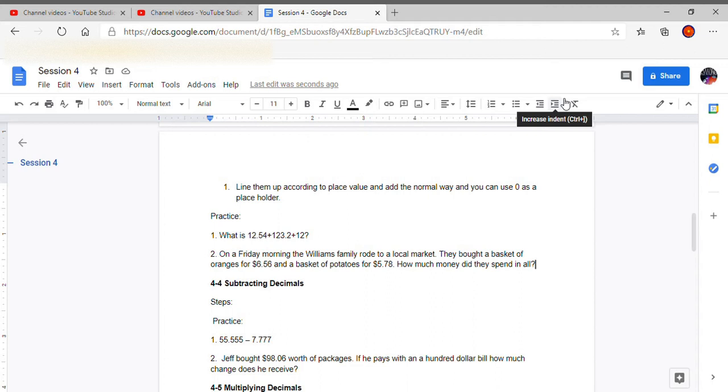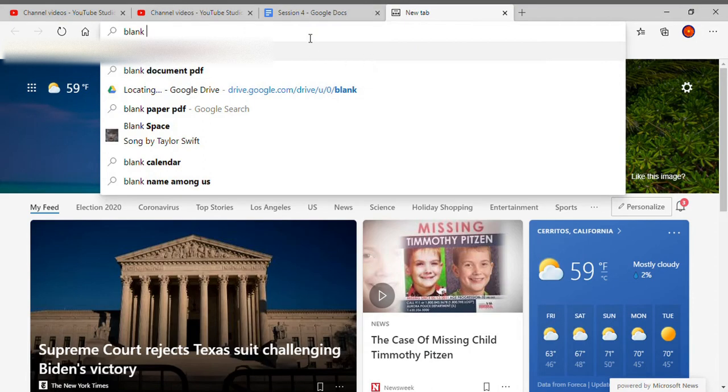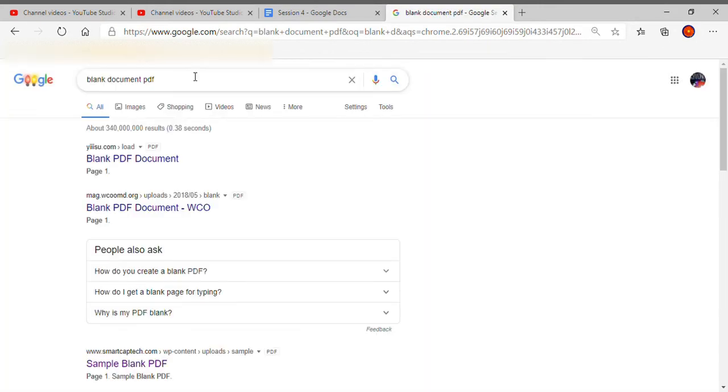So it says, what is 12.54 plus 123.2 plus 12? I'm going to get a blank document and I will solve.